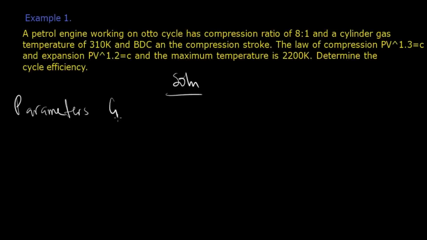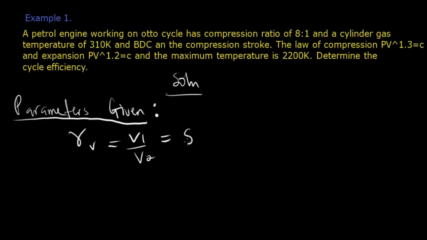What do we have? We have the compression ratio RV, which is equal to V1 over V2, as 8. We have the inlet temperature, 310 Kelvin.